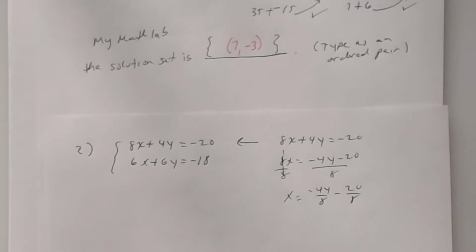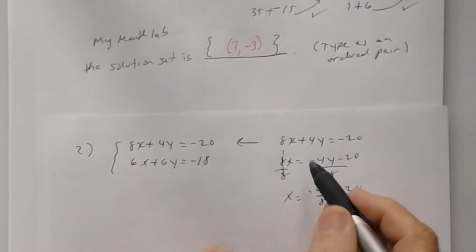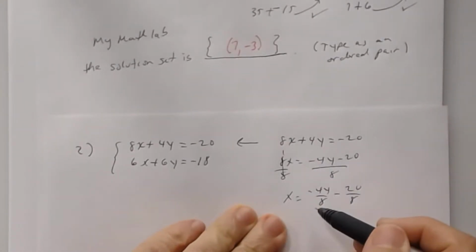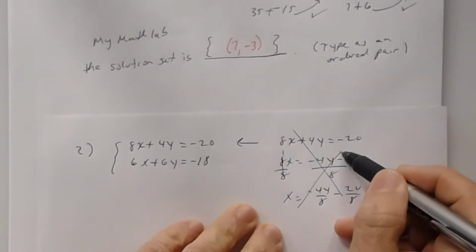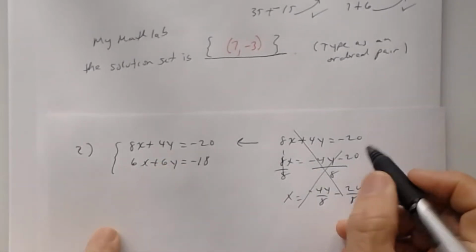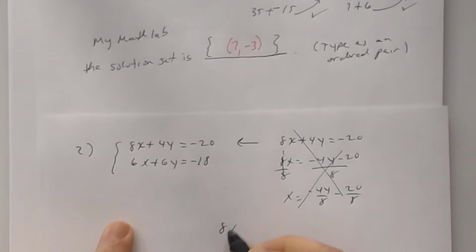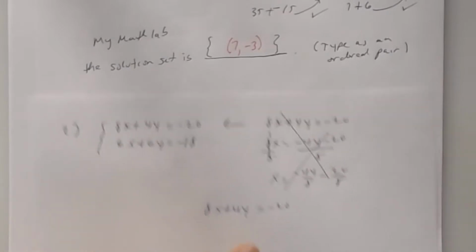So tell me what you think you might want to do instead. Use the second one. You could, but could someone still have stayed with the first equation and solved for y? Someone could have said, well, I thought I could solve for x, I did, but I ended up with fractions, I don't want to use this anymore. But what if I solve for y instead? I have 8x plus 4y equals negative 20. So let's solve for y.